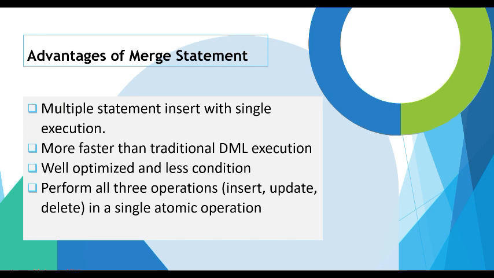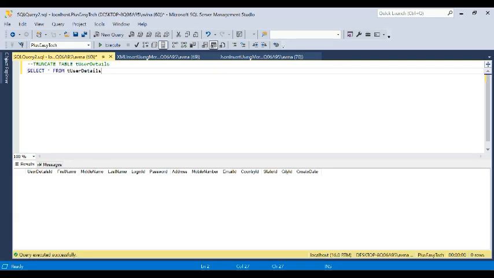So how to insert, update and delete data, we will see that. I have already created one table, t user details. You can see here I have selected user details id, first name, middle name, last name, login id, password, address, mobile number, email id, country id, state id, city id, and create date.